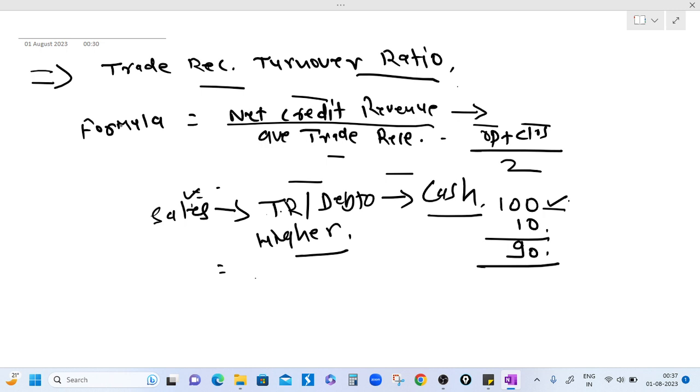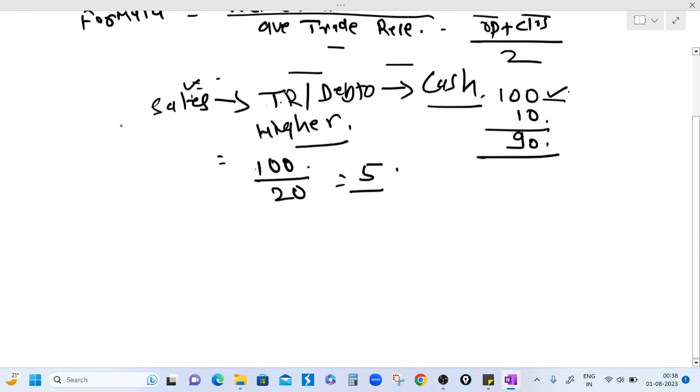Suppose your sales is 100 and average debtor is 20, so your ratio is coming 5. What do you understand from this 5? It means in a year or accounting period, this entity is able to convert credit sales into cash 5 times.